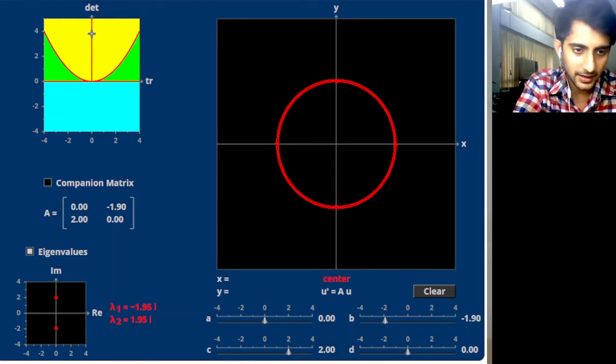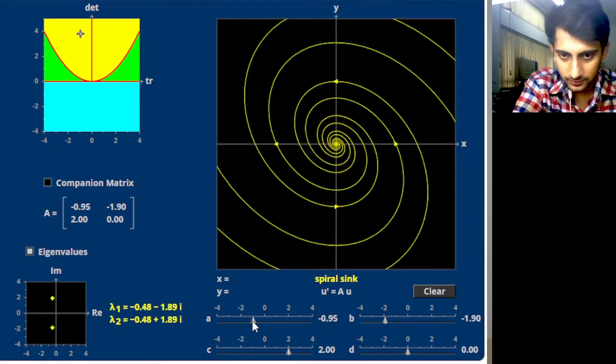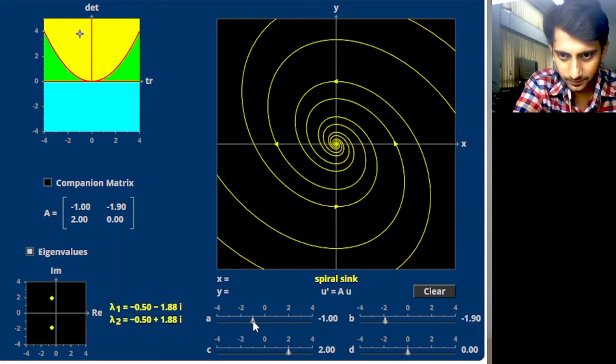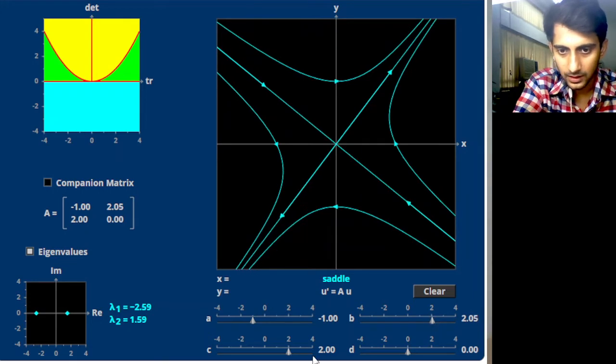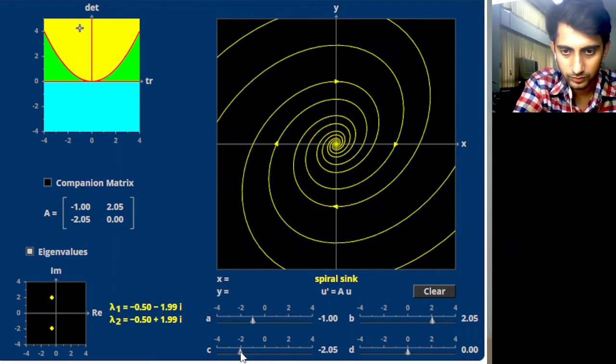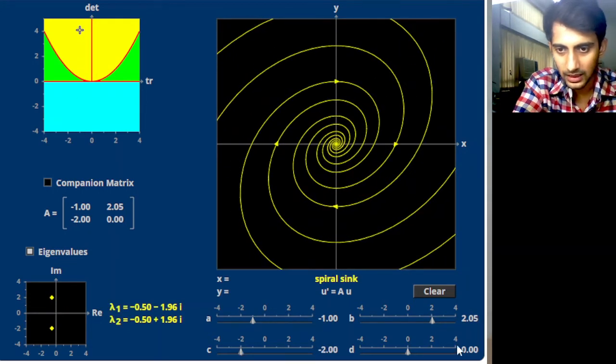Let us take another matrix which is -1 2 -2 -1. Let me just change this. -1, then we have 2, -2, and -1.